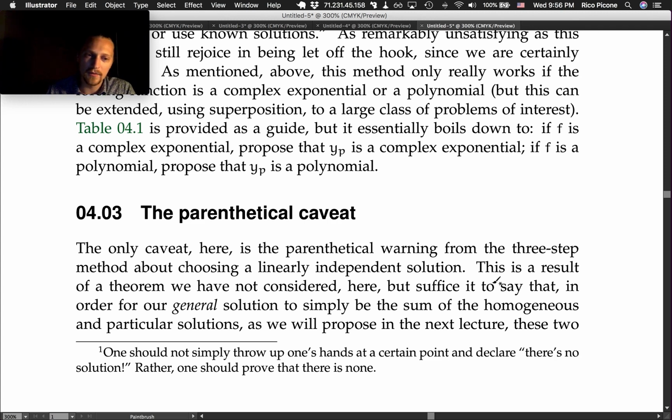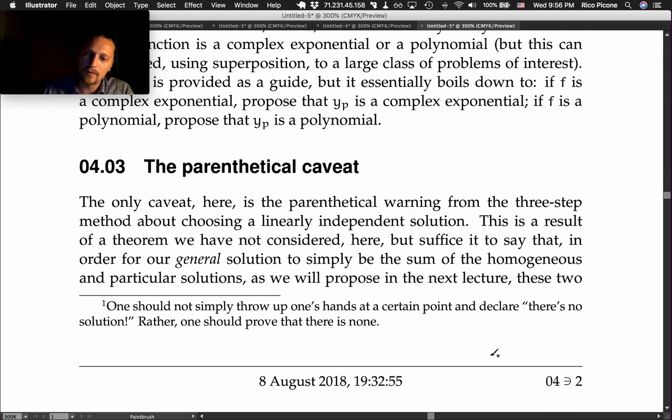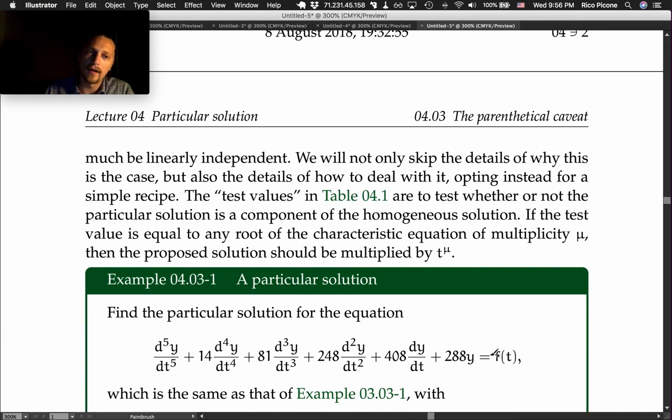This is a result of a theorem we have not considered here, but suffice it to say that in order for our general solution to simply be the sum of the homogeneous and particular solutions, which is what we want, as we will propose in the next lecture, these two must be linearly independent.